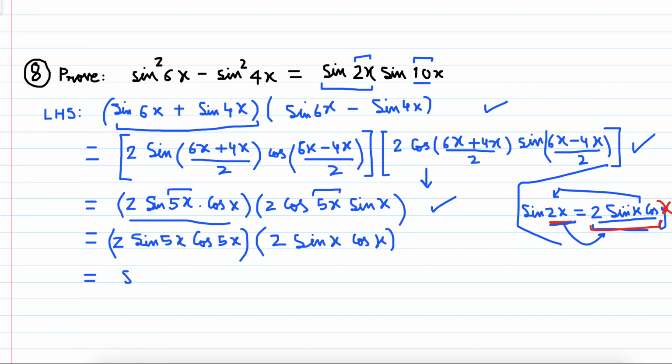So now you can write this as 2 times sine 5x cos 5x, which is equal to sine 10x, and then 2 times sine x cos x is sine 2x.